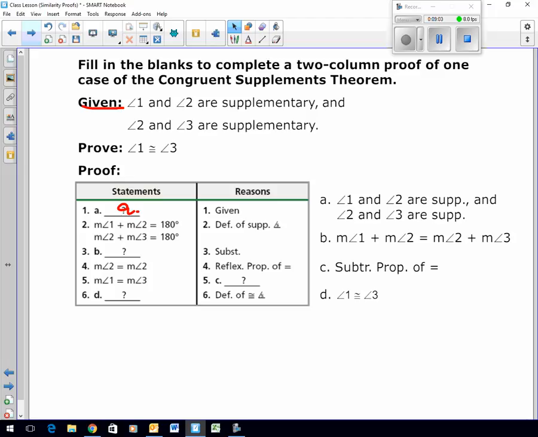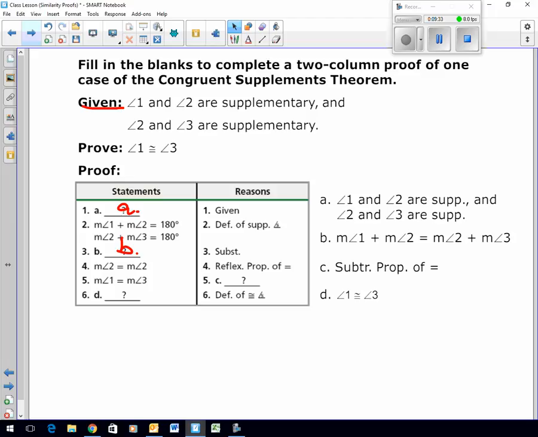That's all that we've done, right? We've got to go baby step by baby step, okay? Well, if 1 plus 2 equals 180 and 2 plus 3 equals 180, what does that mean about 1 plus 2 and 2 plus 3? They equal each other, right? And I can use what we call the substitution property to tell me that.